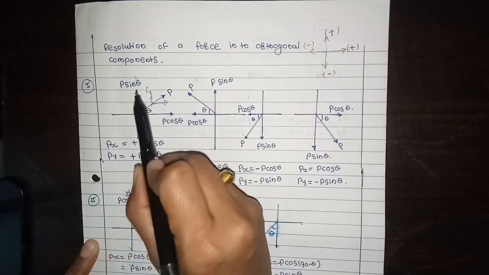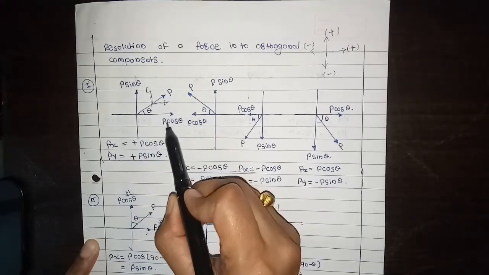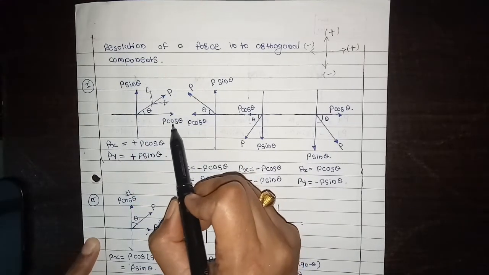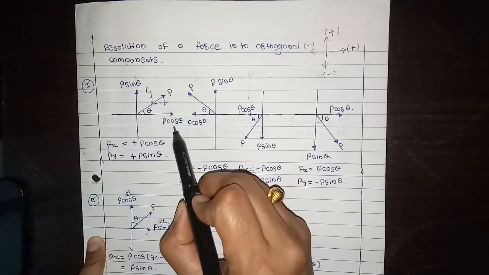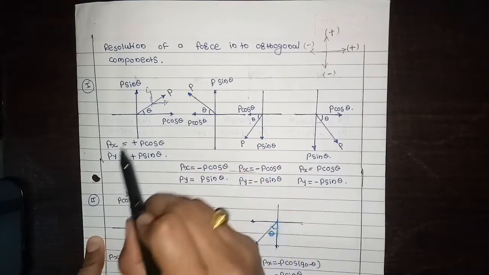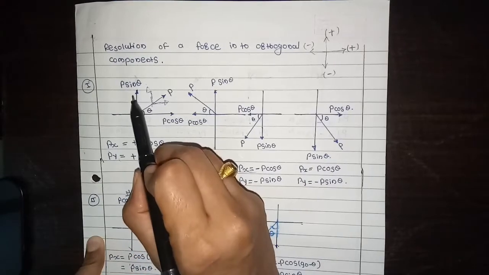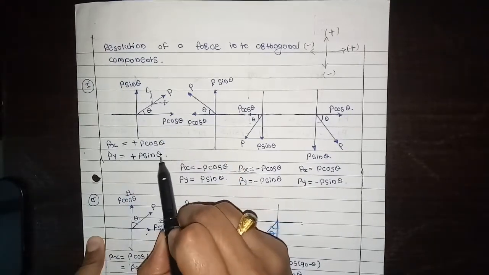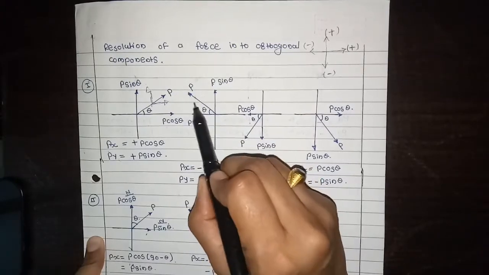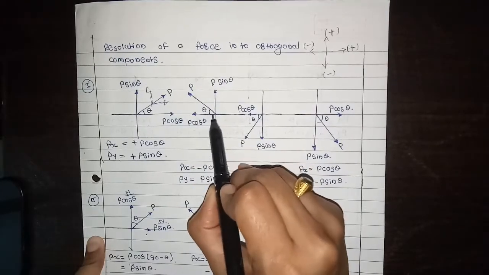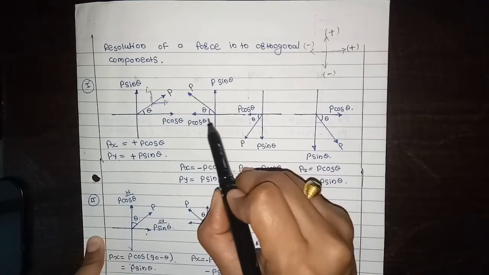The vertical component is sin theta and the horizontal component is cos theta. So Px is equal to P cos theta and Py is equal to P sin theta, plus because it is the upward direction. Next, this force acts in the second quadrant and theta is the angle with the horizontal axis.